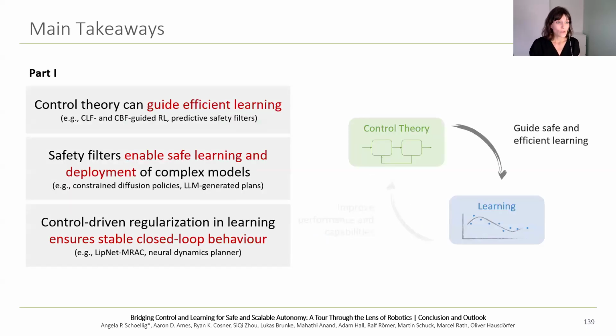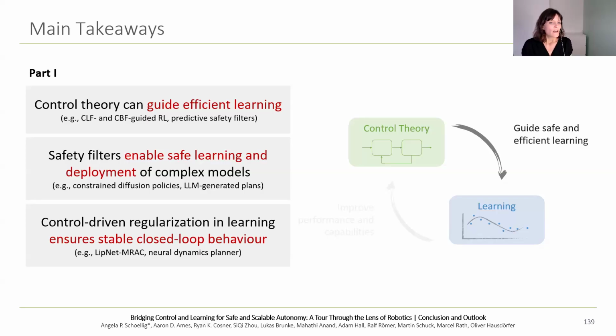Right? And so what we showed in part 1 was techniques like CLF and CBF guided RL and predictive safety filters, which guided our learning and enabled efficient learning. Then we saw safety filters that enable safe learning and deployment of possibly complex, generative AI models. For example, methods such as constraint diffusion policies or LLM-generated plans that were safety filtered through a predictive safety filter.